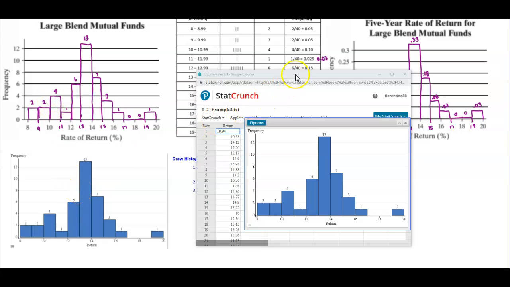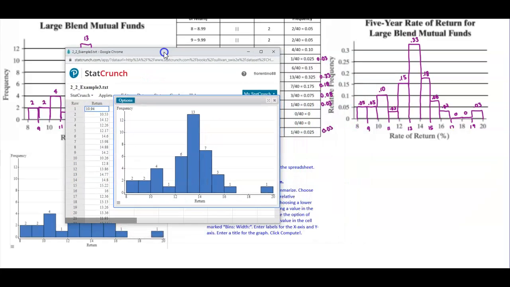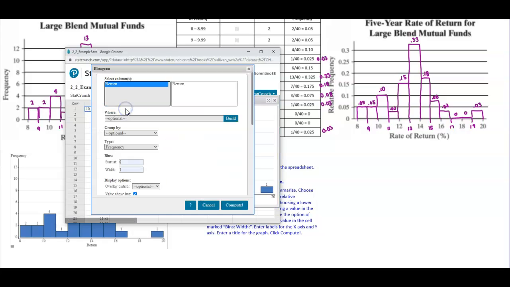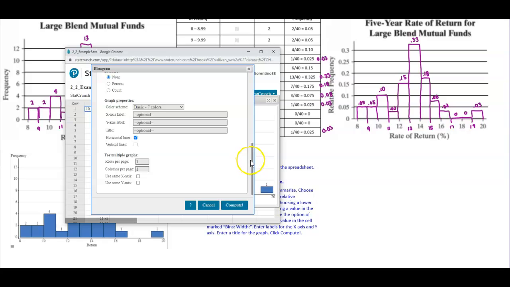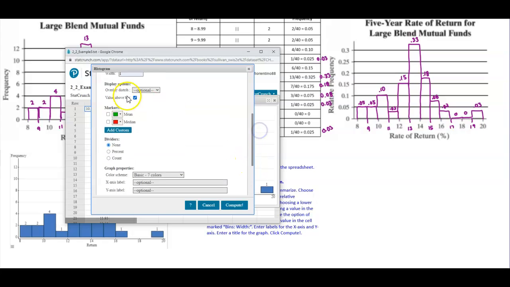Now what we want to do is create the relative frequency. So all we need to do is come back in here where it says Options, and then select Edit. And then we're going to change the type to relative frequency. We already have our information in there for the bins and the width. We want to make sure that the value is above the bar, which they are.